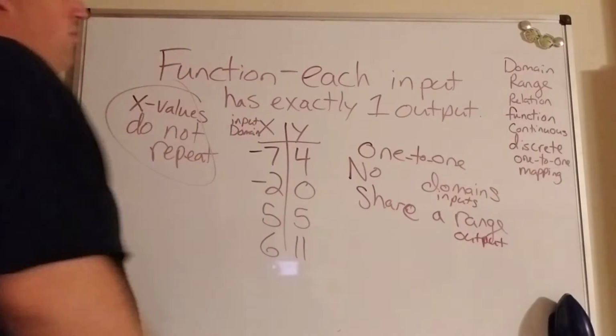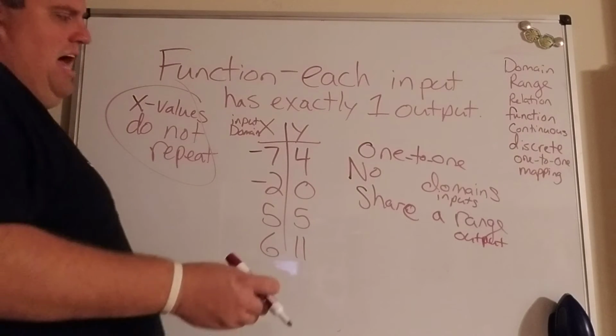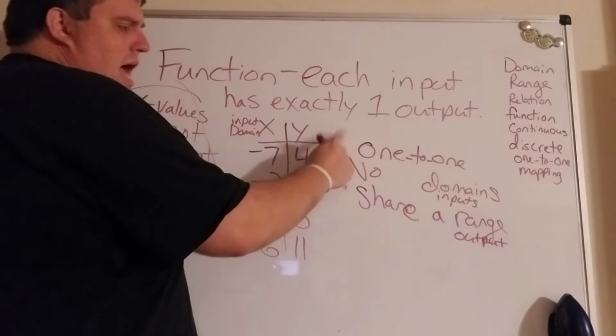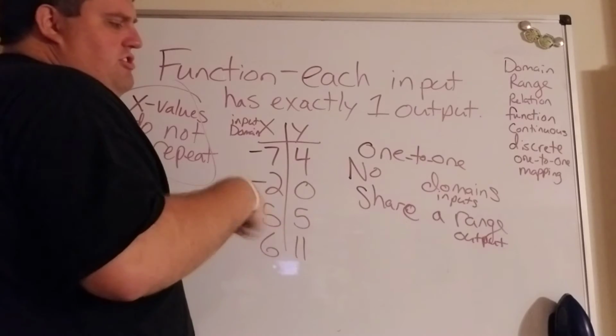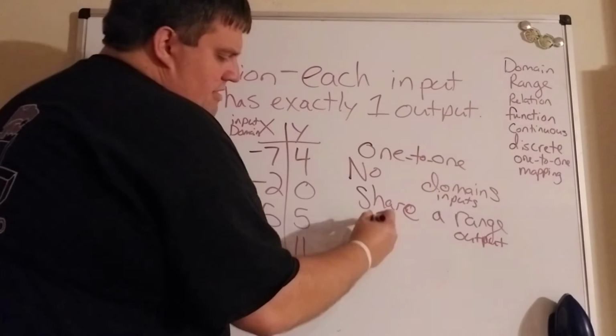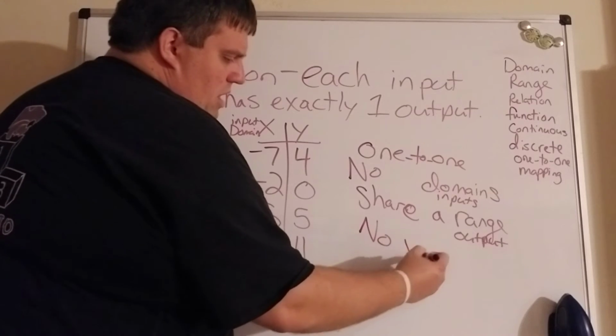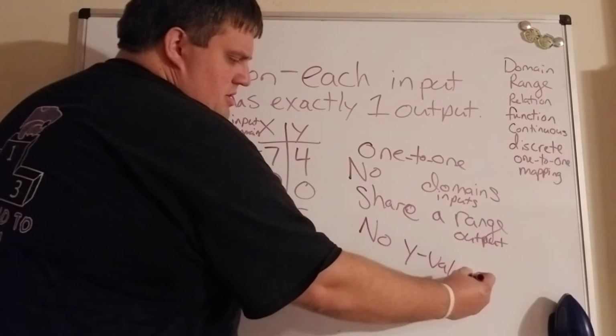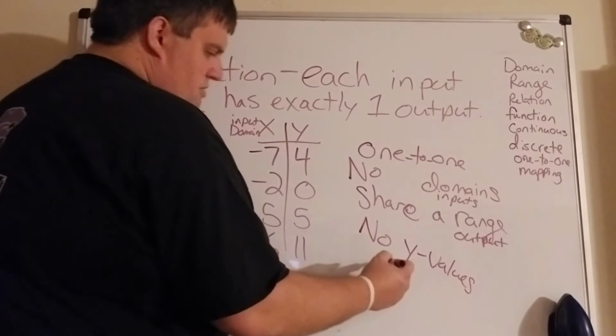And so what that means now is that I'm looking at y values, because we're talking about ranges and outputs. So if something is one-to-one, that means that no y values repeat.